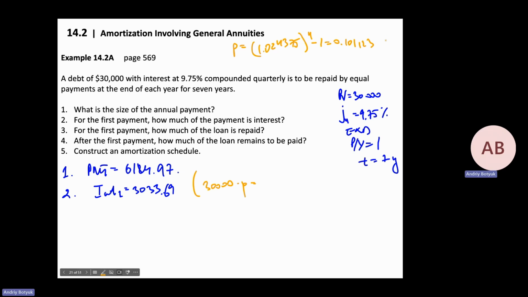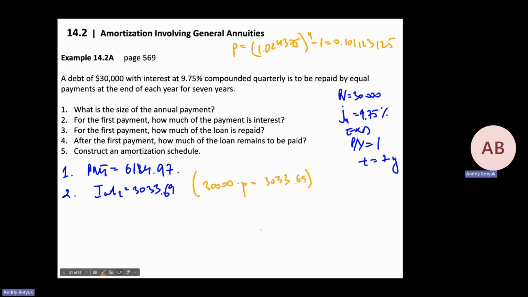I think that's more realistic. 10% quarterly and 9.75% yearly should be more realistic, right? Yep, that's the one. That's when you use formulas.